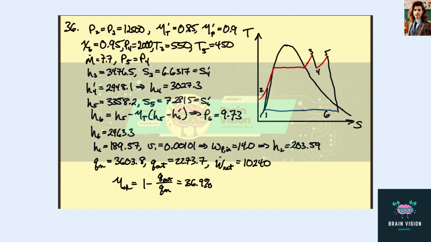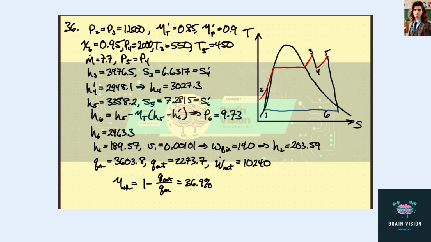We don't know the pressure at 6, but whatever pressure it is, H6 prime, which would be somewhere here, and H6 are at the same pressure. We know H5. At 6, we have the quality factor, and at 6 prime, we have the entropy.